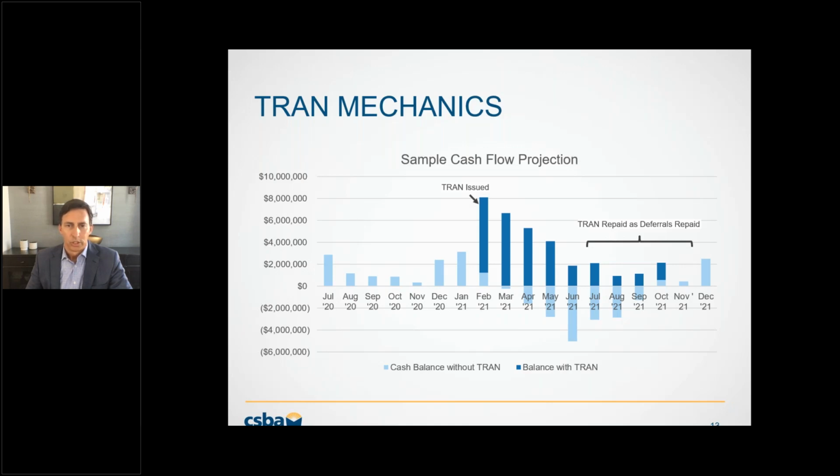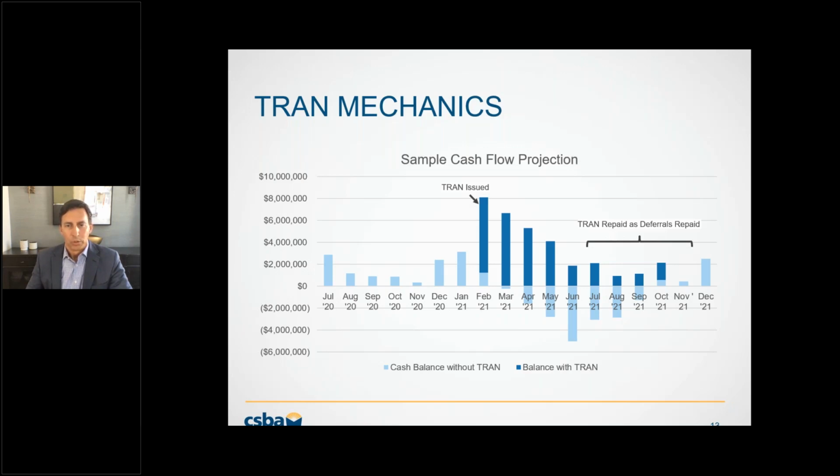But as you look at their cash after February, when the deferrals kick in, you can see those cash balances decline significantly. They have a deficit of about $5 million by the time you get to June 30th, and would not have any way to cover that with just internal borrowing.